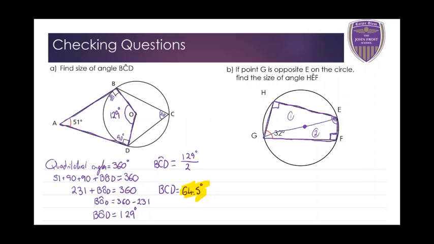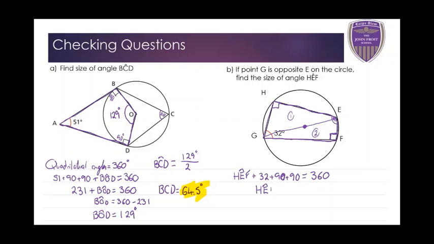So let's do that. We've got angle 32. We'll start the way around. We'll do HEF, which is the angle we're trying to find, plus 32 plus 90 plus 90 is equal to 360 degrees.